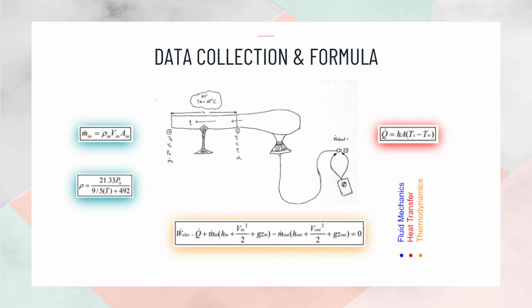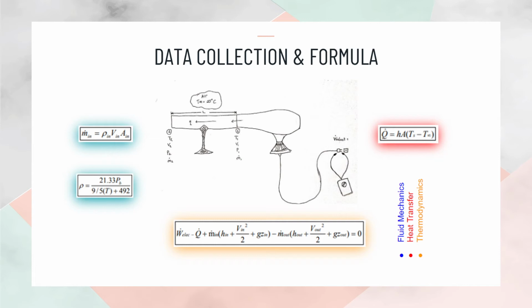And lastly, for the thermodynamics analysis, we will apply the first law of thermodynamics, and the formula is listed below. Our assumption is that it is steady state, potential energy is negligible, and ideal gas.